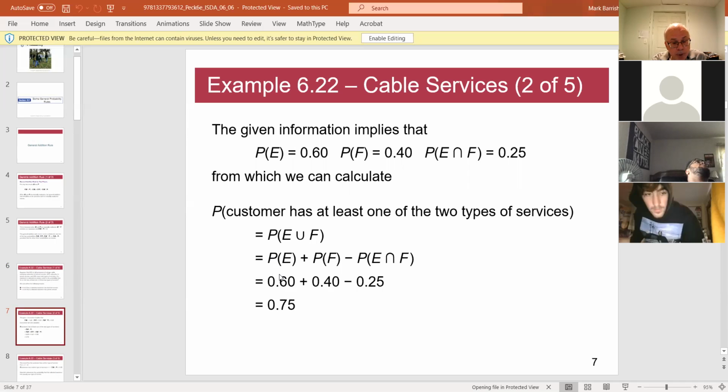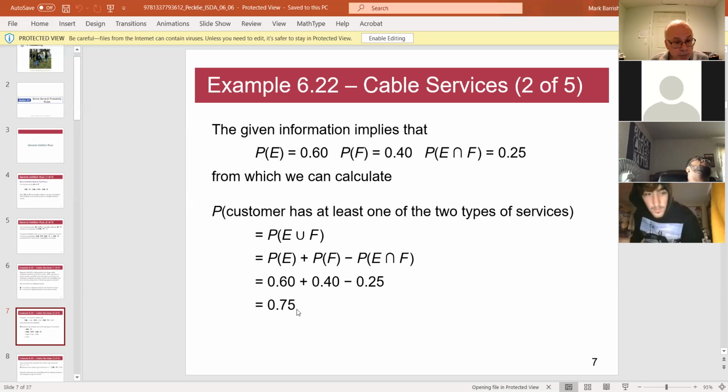They're not mutually exclusive. Therefore, you have to subtract the probability of both. So when we add the two and subtract the probability of both together, we get 0.75. There's a 75% chance that if we select a customer at random, they're going to have either cable or internet.